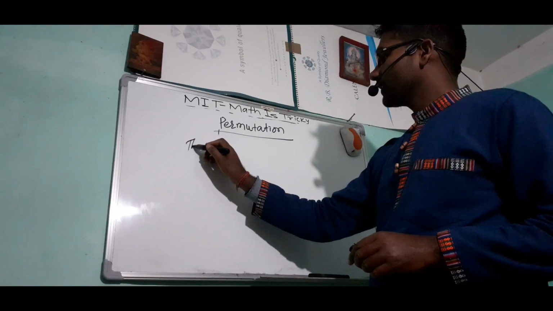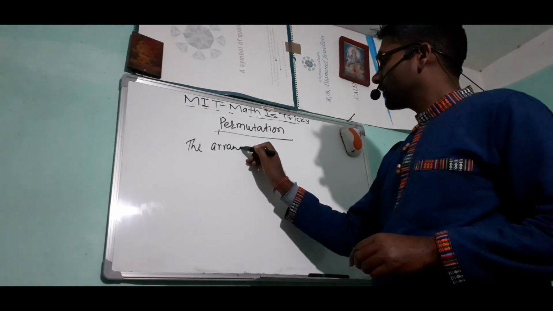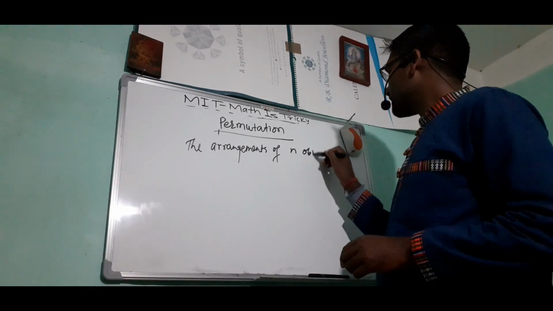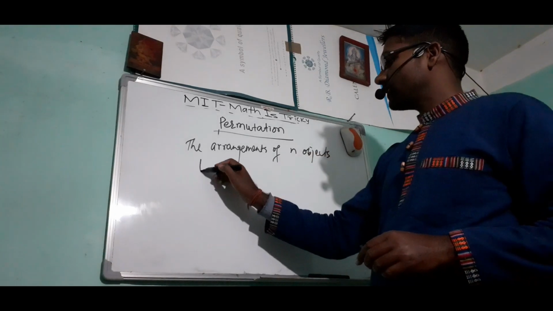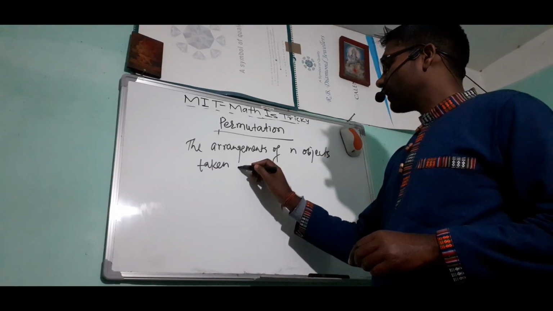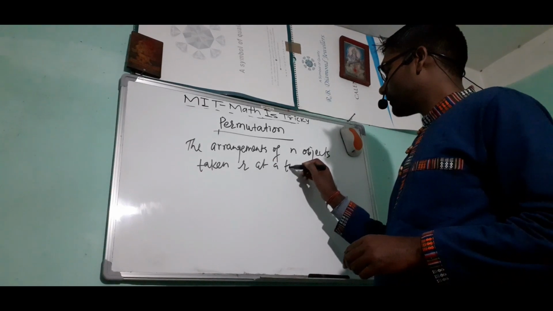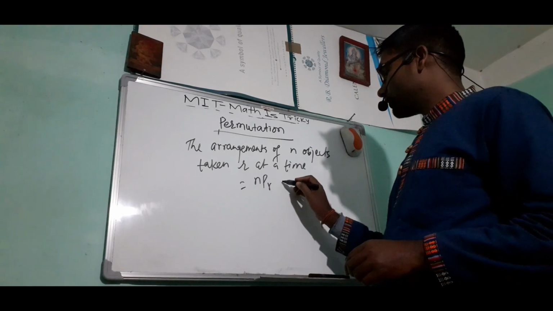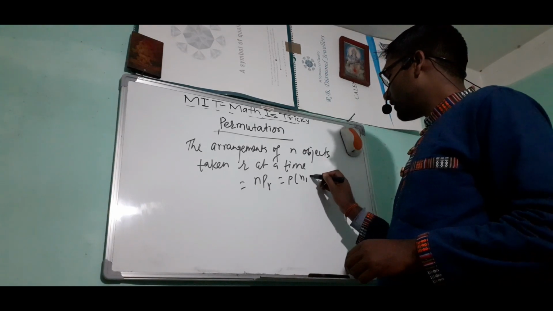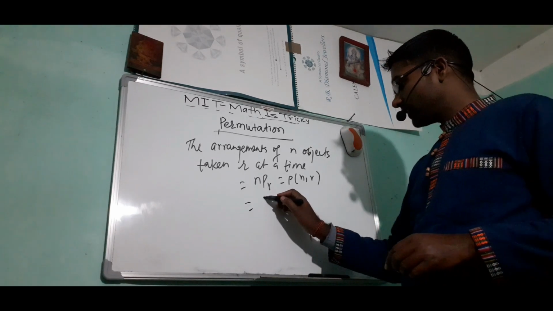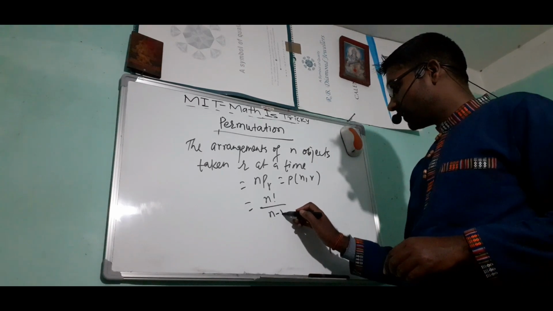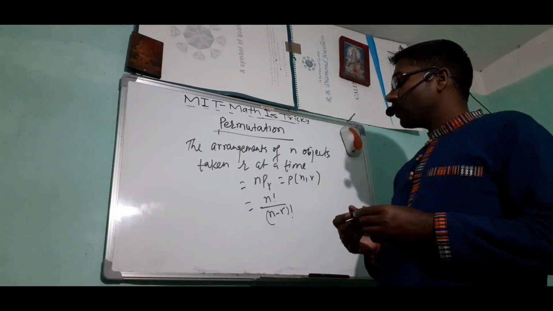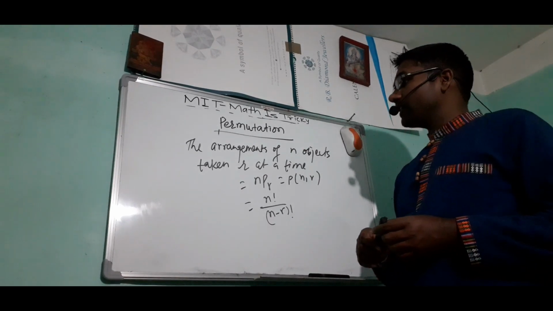If the arrangements of n objects taken r at a time, it is written as nPr, also written as P(n, r), and the formula is simply n factorial by (n minus r) factorial.